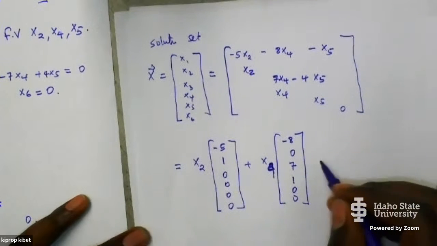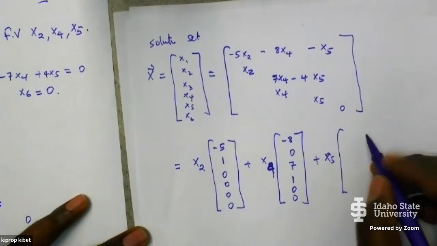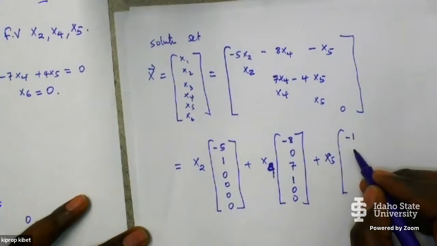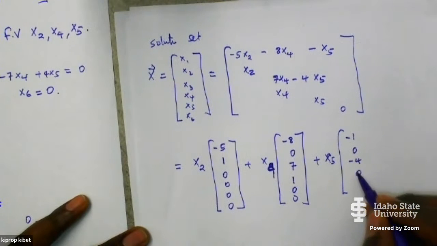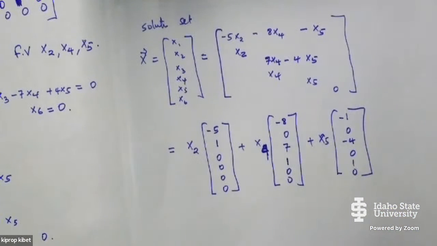And finally, plus our x5, which will be -1, 0, -4, 0, 1, and then 0. So that is our parametric equation.